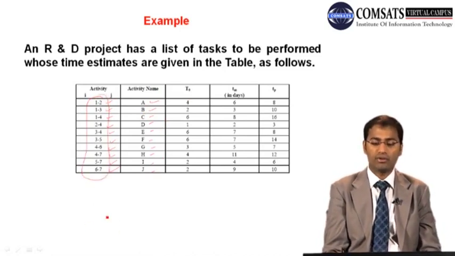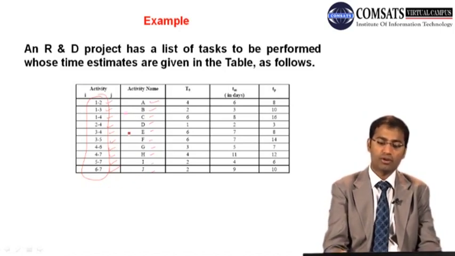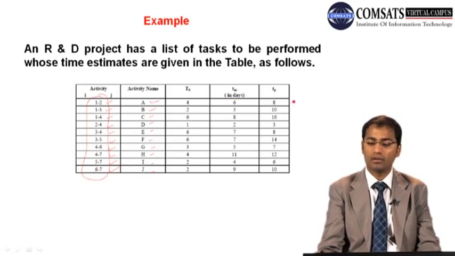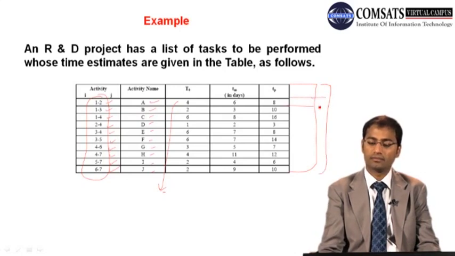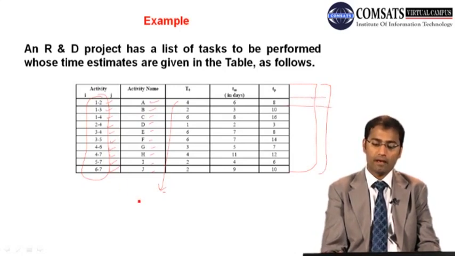Okay, so we will draw a network diagram, but before we draw it we have to find out the time. If we use the 3-point formula, let's calculate the values: 8 plus 4 times 6, divided by 6, 24, 32, 36 by 6.